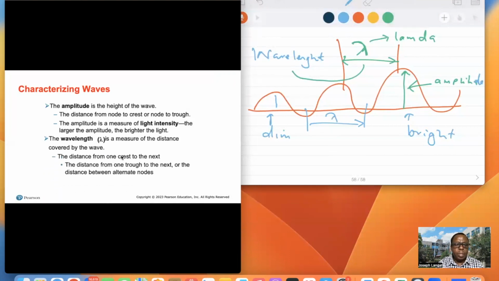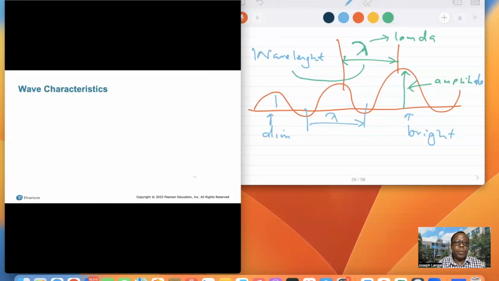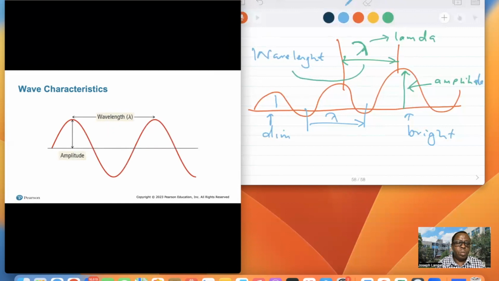From one crest to the next, or the distance between alternate nodes. Alternate nodes is the same thing. So far, we have defined the amplitude, the wavelength, and then there is the frequency, which you need to know. This is the amplitude, this is the wavelength.